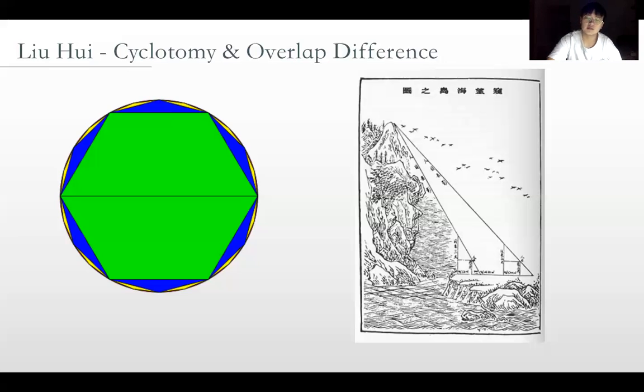The second math method I want to introduce is the overlap difference. We can look at the picture on the right, which is the first problem in the chapter on overlap difference that Liu Hui talked about.